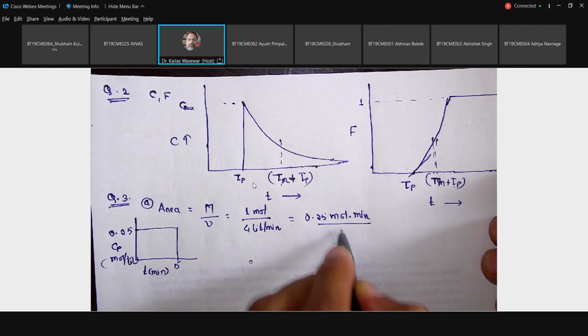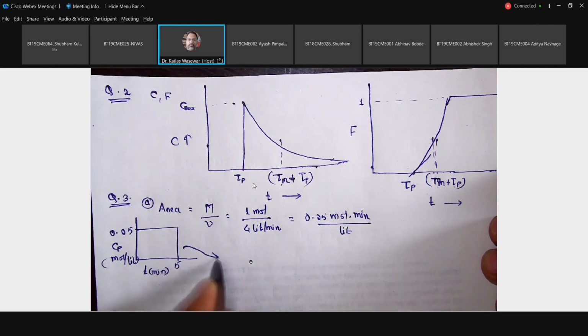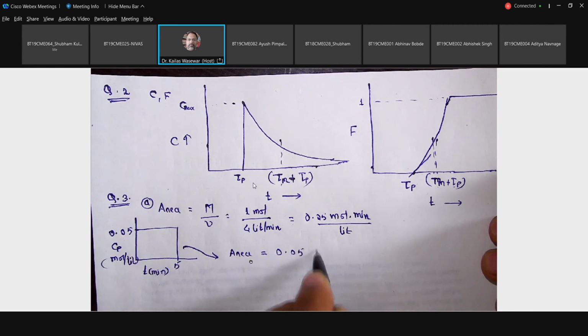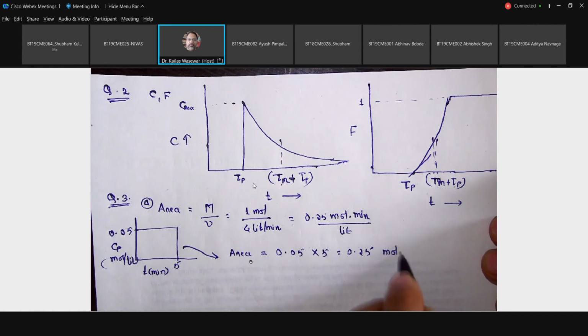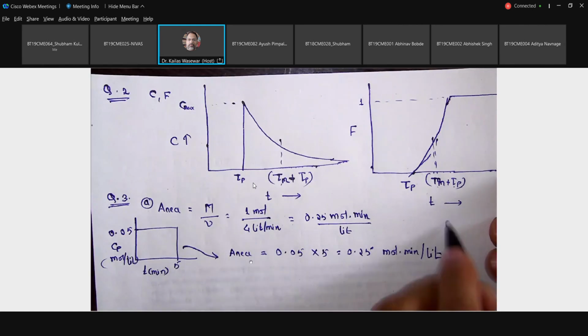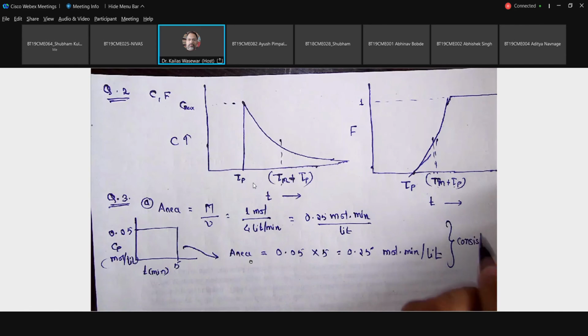And if you take it from this one, area is equal to 0.05 into 5, so it is giving 0.25, again mole minute per liter. So it is consistent. So this was part A.